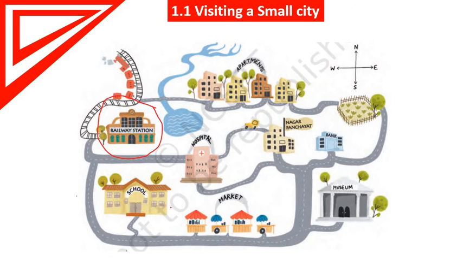Okay, however, in order to go to these different places, how will you know which place is where? You are just staying in the railway station for the time being. How will you know that you have to move in this direction to go to this bank?